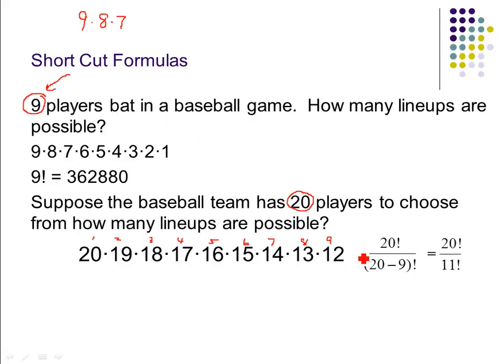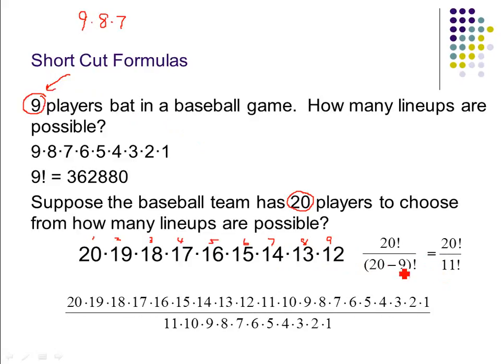So what happens is you get 20 factorial over 11 factorial. And what occurs, if I write it all the way out, 20 factorial will be 20 all the way down to 1. 11 factorial is 11 multiplied all the way down to 1. And then these, 11 over 11, that equals 1. 10 over 10, that equals 1. 9 over 9 equals 1.